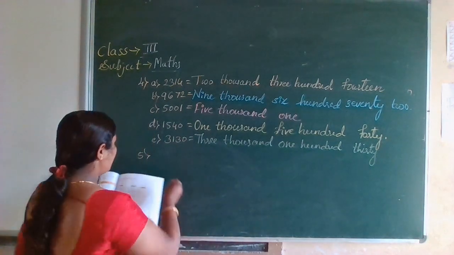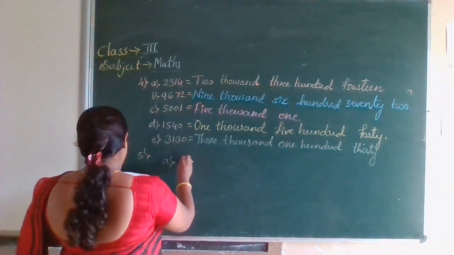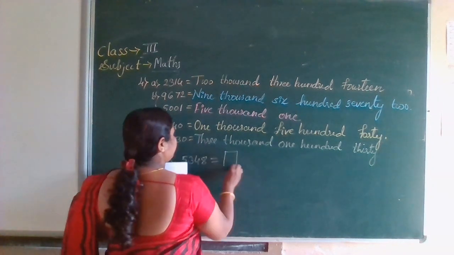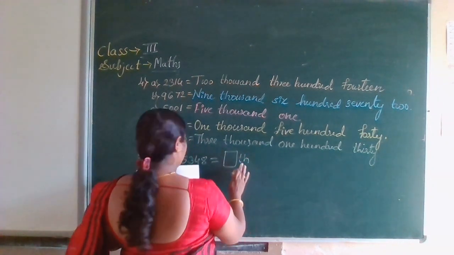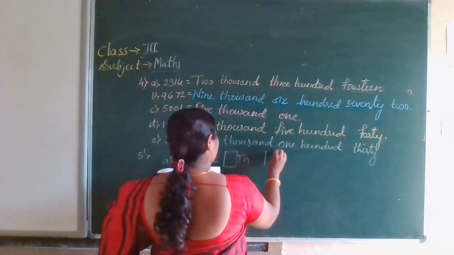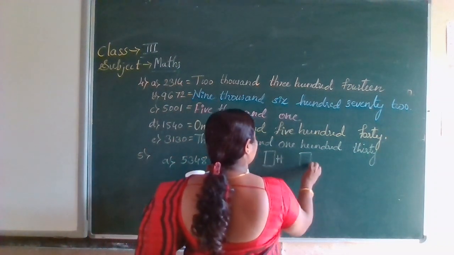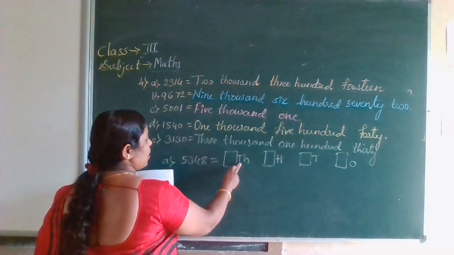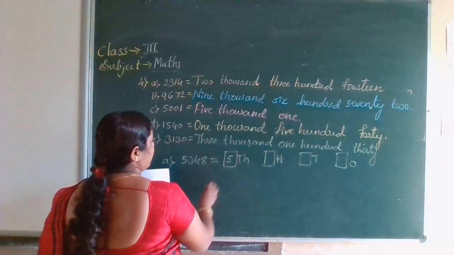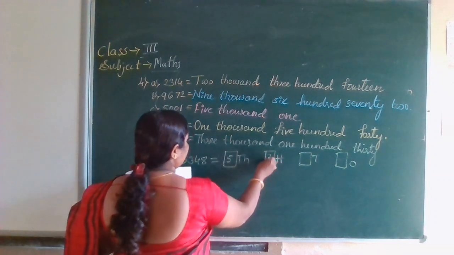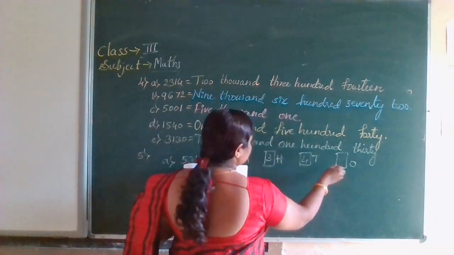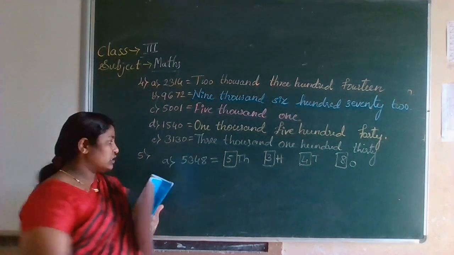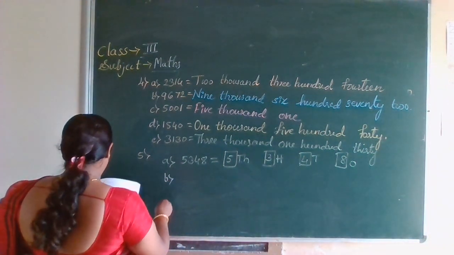One I will show you. 5,348 is equal to... So what is 1000 here? 5. Which one is 100? 3. Then 4 tens, 8 ones. This is the answer. Next, B.